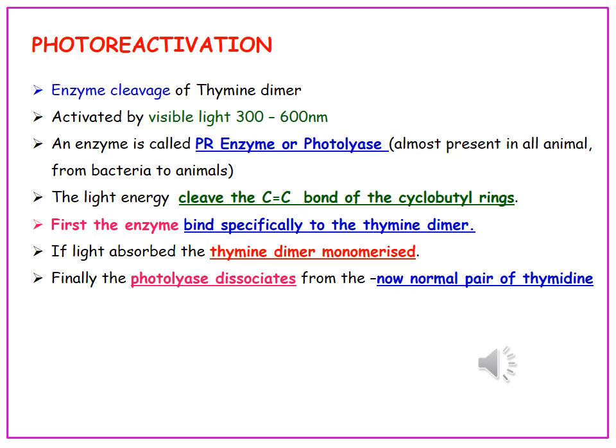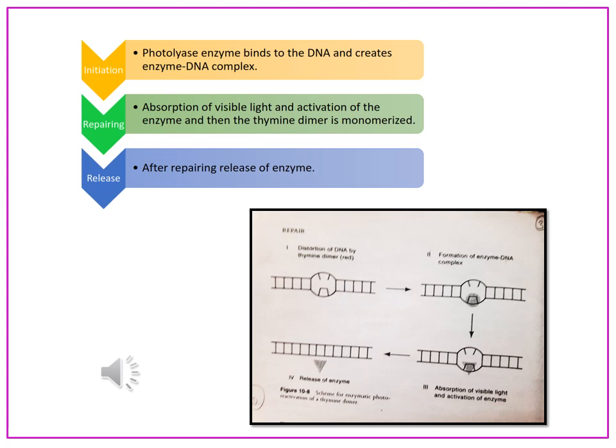If light is absorbed, the thymine dimer is monomerized. Finally, the photolyase dissociates from the normal pair of thymidine.